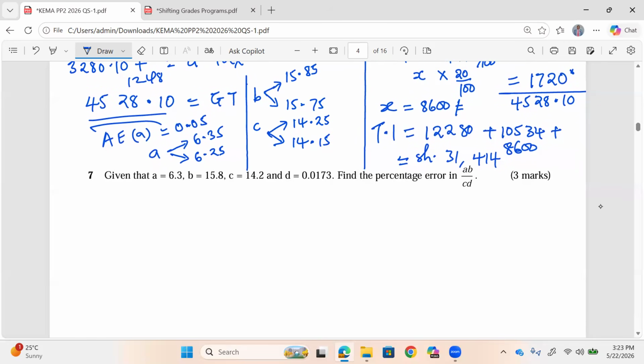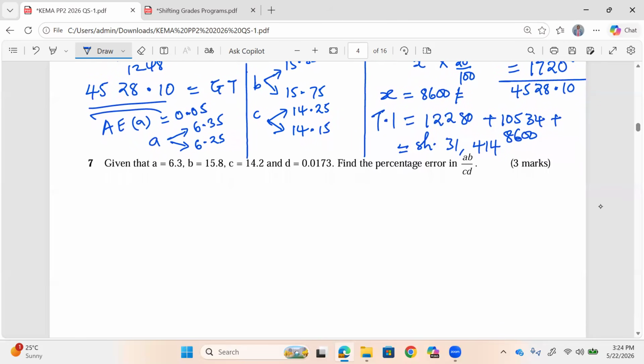Then finally, we can talk about D. D is a serious one. D has been recorded to a very unique accuracy of 1, 2, 3, 4 decimal places. So 0.0001 divided by 2 gets 0.00005.